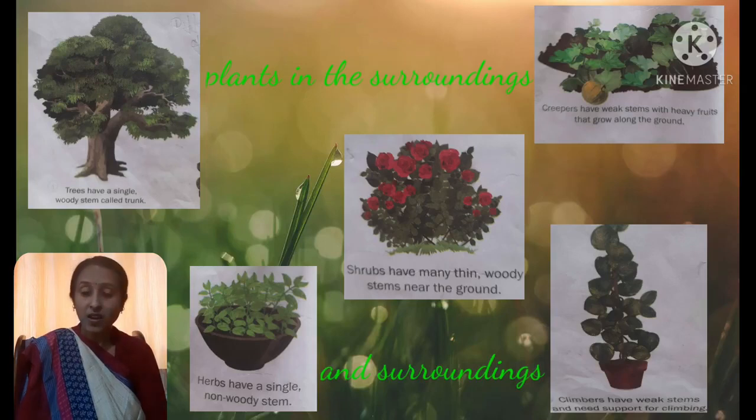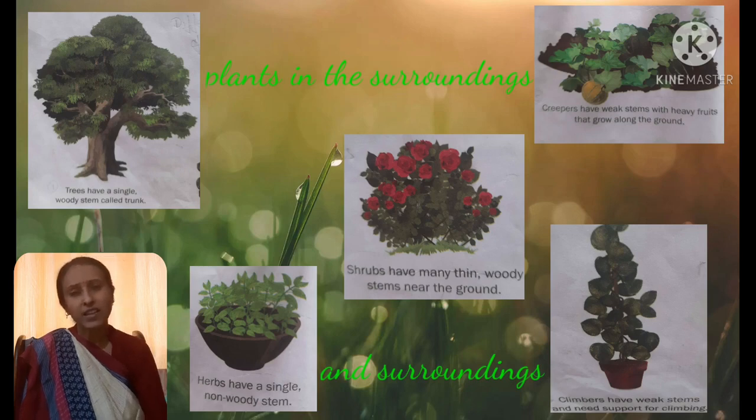Because of these plants, our food cycle is running, because these plants are eaten by us as well as by herbivorous animals, and these herbivorous animals are eaten by carnivorous animals. So this is a food cycle which depends on plants, so that they balance our environment as well as produce oxygen for our survival. So we get lots of benefits from these plants.